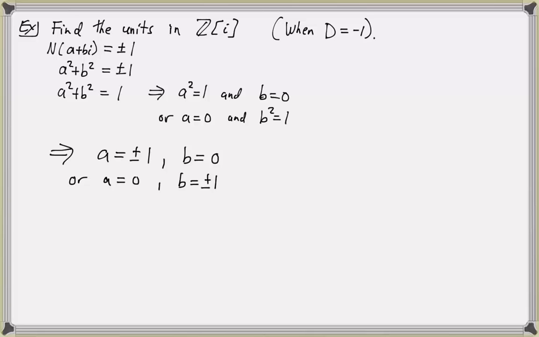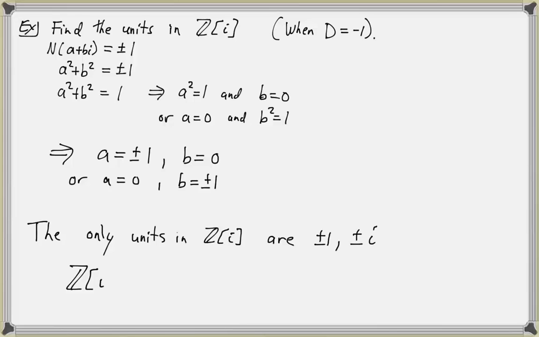So the only units in the Gaussian integers are plus or minus 1 and plus or minus i. That is, the group of units equals {plus or minus 1, plus or minus i}.